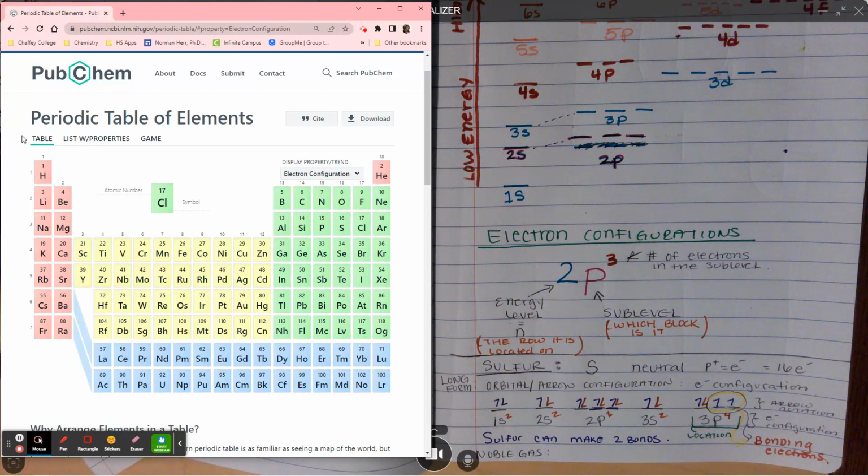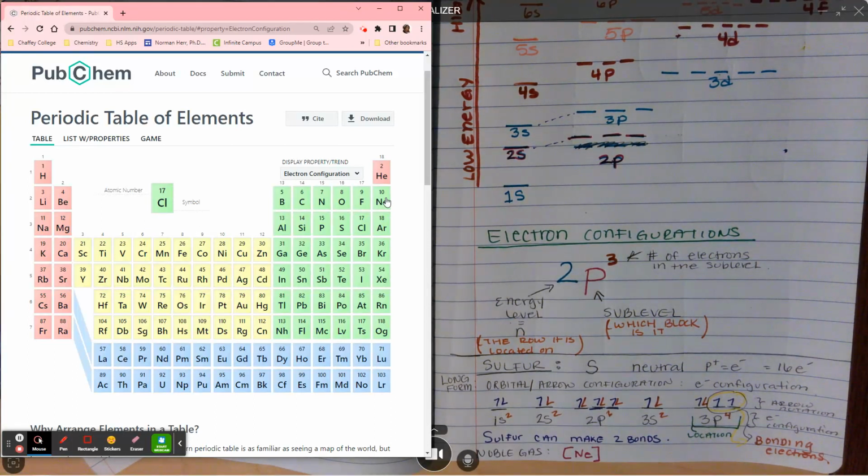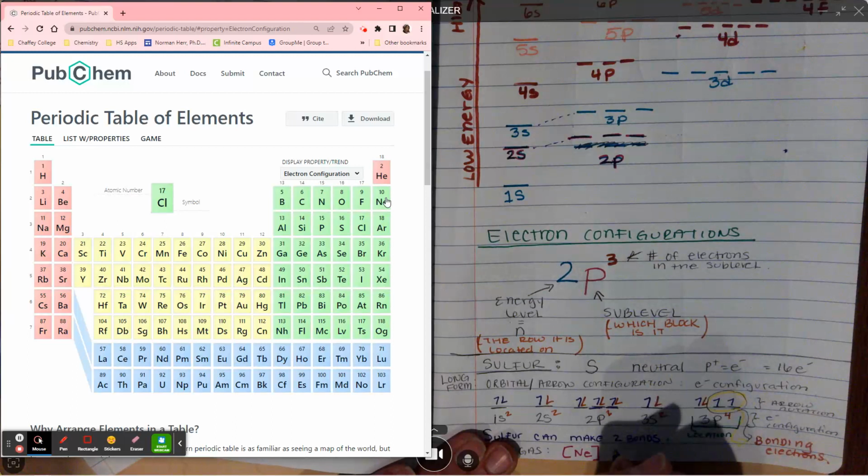And 2p6 ends here with neon. So I'm going to put neon down in brackets because I'm saying I'm going to include everything up to neon in this case. And then I'm going to end it with where I need to end it at, which is my location of 3p4.